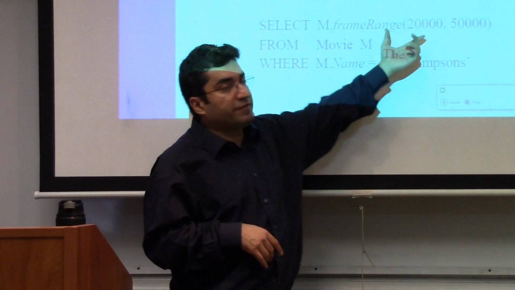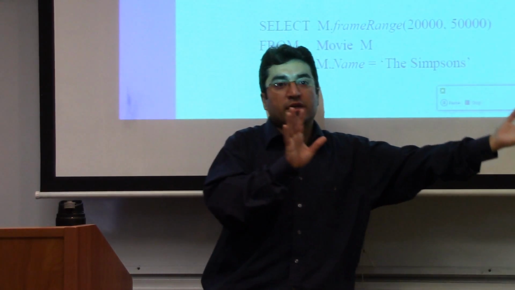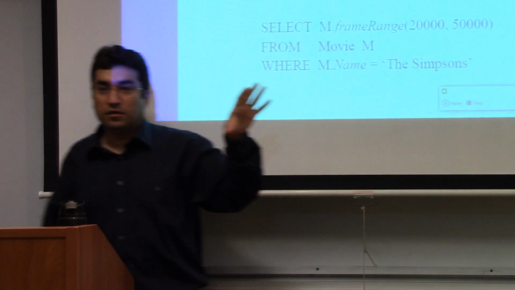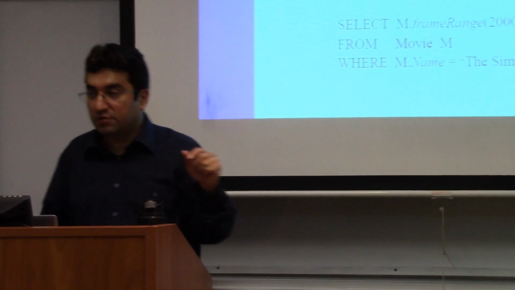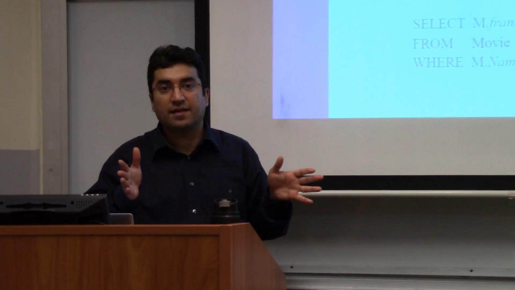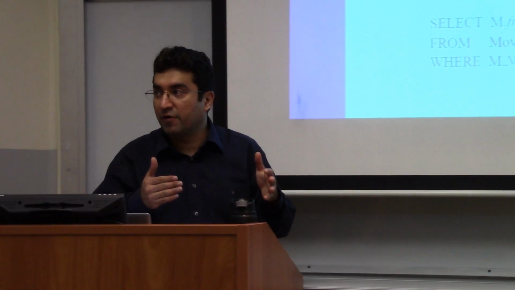Then that function will be applied to that, and the set of frames will be returned to you. This is a function, not a specific attribute. So now we get one more benefit, which is much more general than what we had over here, which is applying functions on a specific type of data.